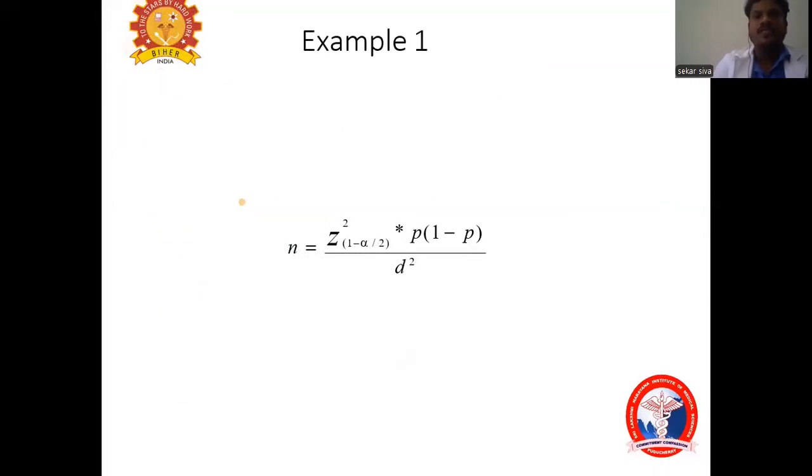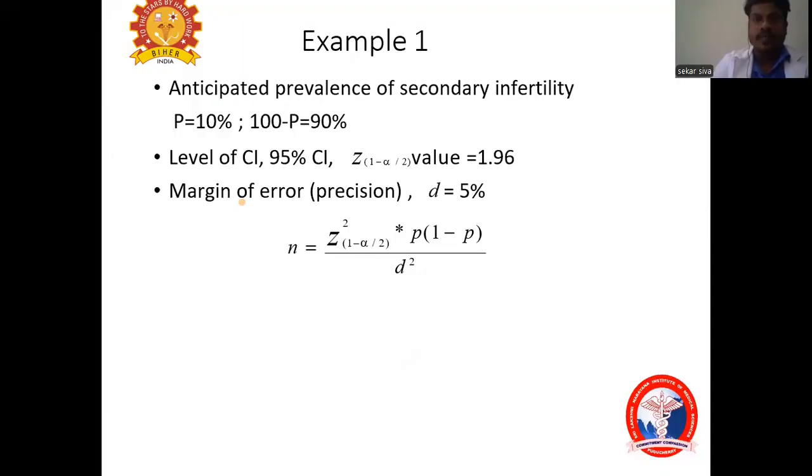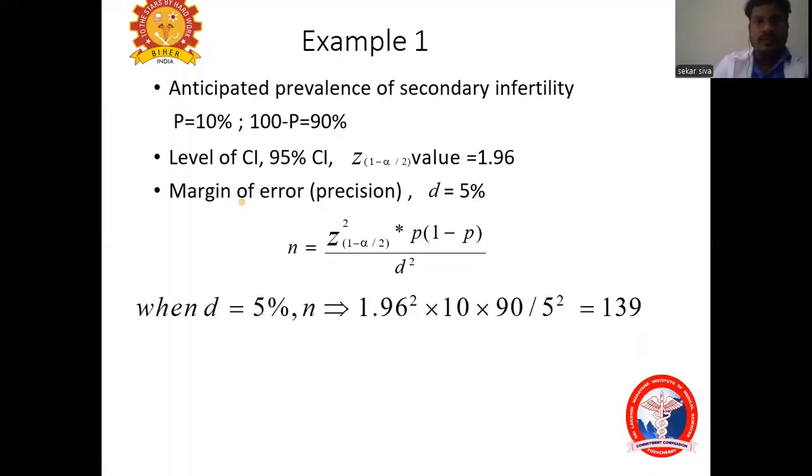So example 1: z square 1 minus alpha by 2 into p into 1 minus p by d square. Here the anticipated prevalence of secondary infertility is 10%, and 1 minus p, 100 minus p, is 90. At a 95% confidence interval, the z value is 1.96. The margin of error, the precision, is 5%. Using these parameters, when d is 5%, the sample size is 139.